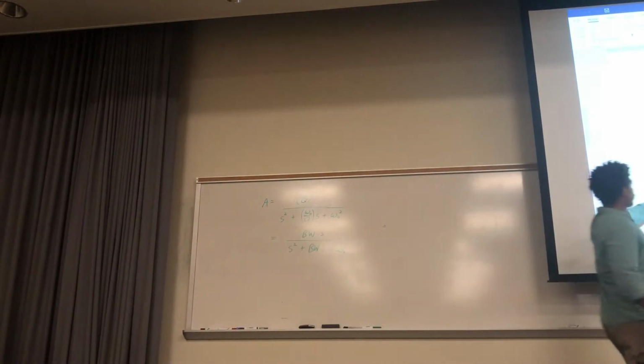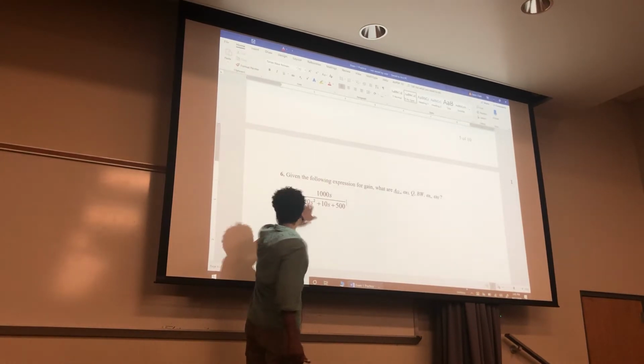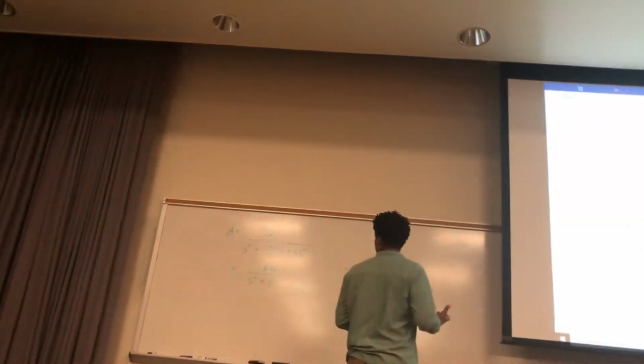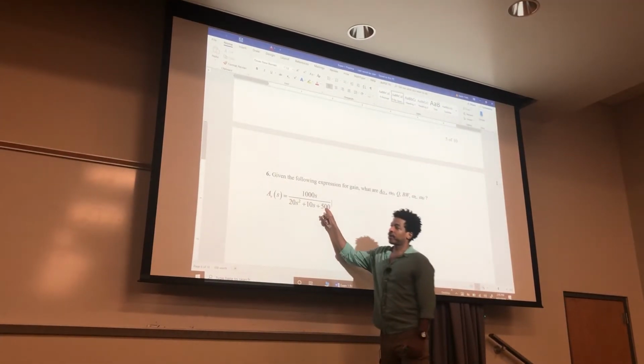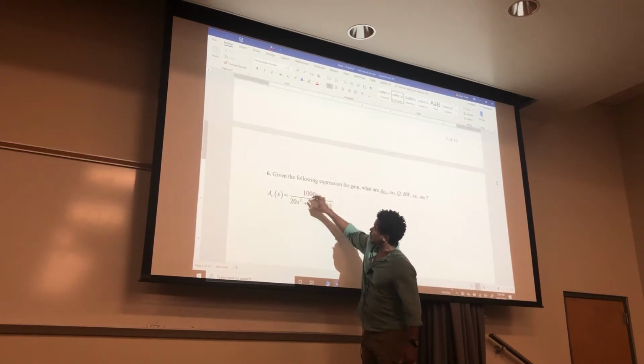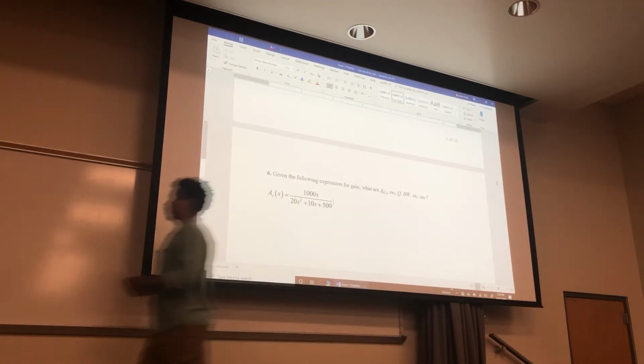The problem we have is at 20. So we got to get rid of that 20 because there's nothing in front of this s right here. And then we have to identify omega squared. Once we identify omega squared, then we can force this term and that term into the right shape to find out what Q is.